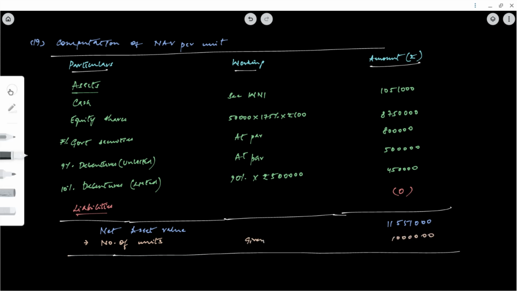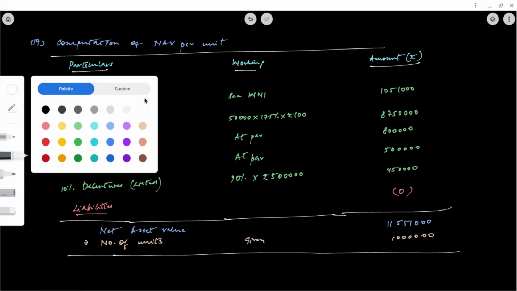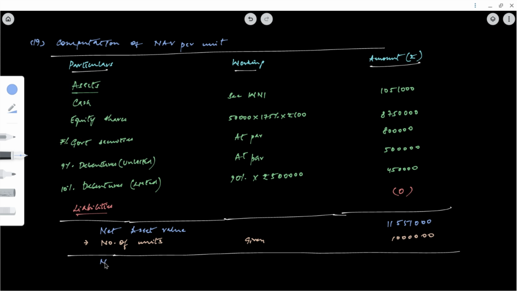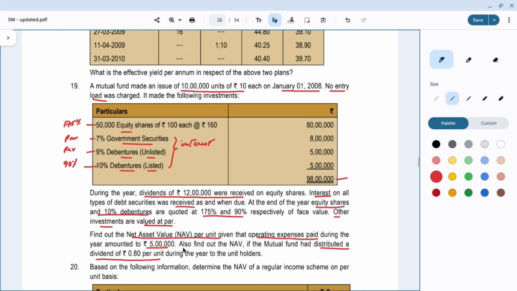So this will give us NAV per unit. 1,15,51,000 divided by 10 lakh is 11.551.